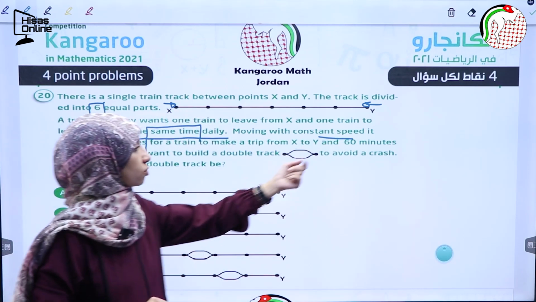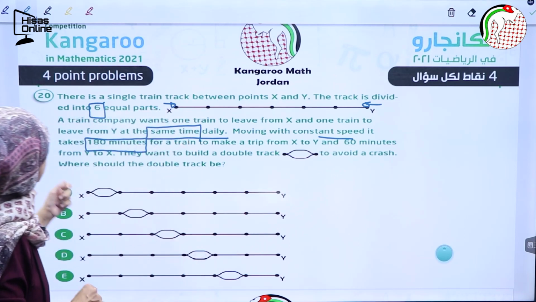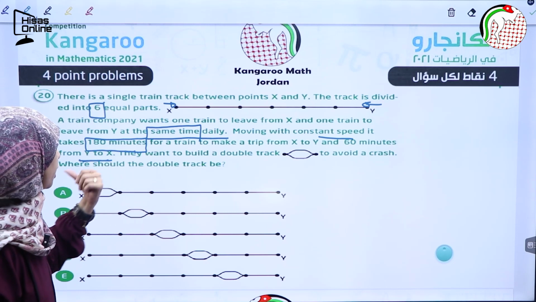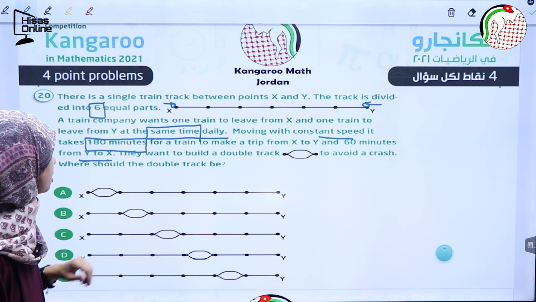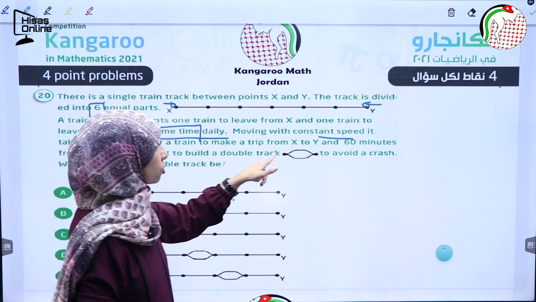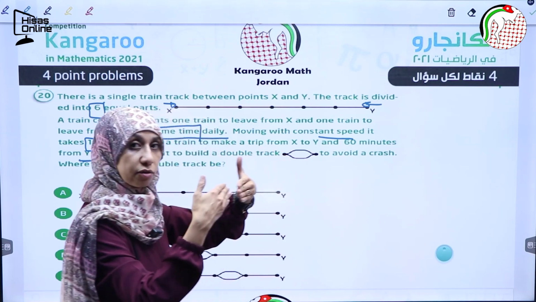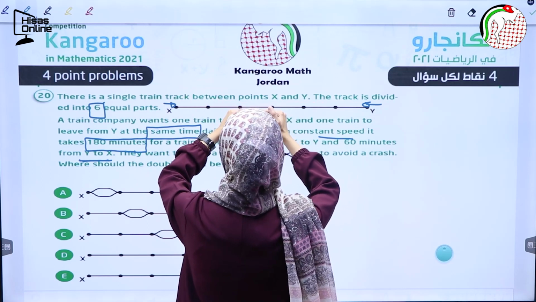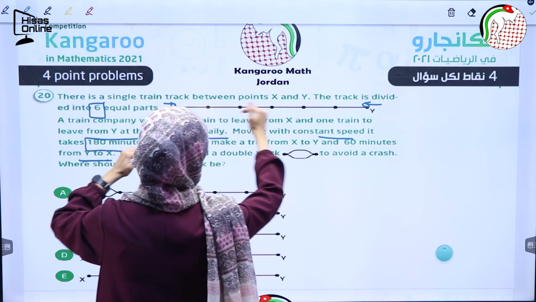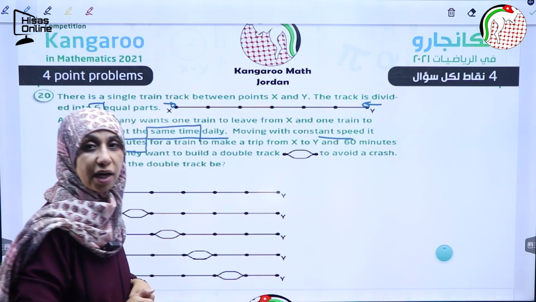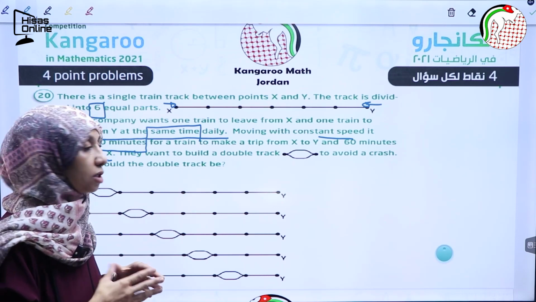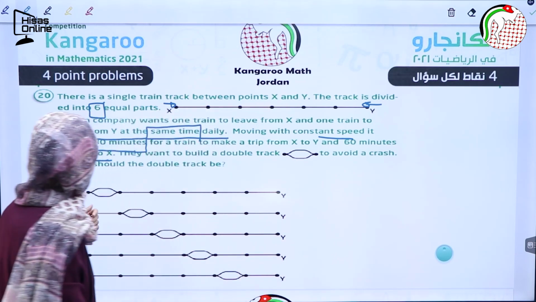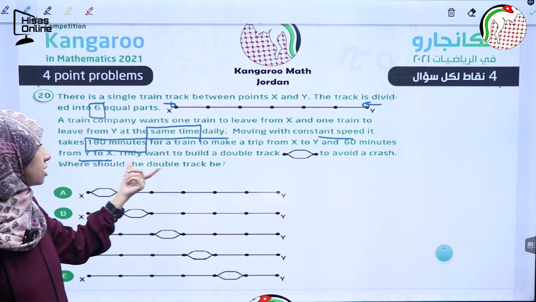While it will take 60 minutes for the train to move from Y to X in the opposite direction. They want to build a double track to avoid any crash. When they move in the opposite direction on the same straight track, there will be a crash. So to avoid that, they will make a double track. Where should the double track be?